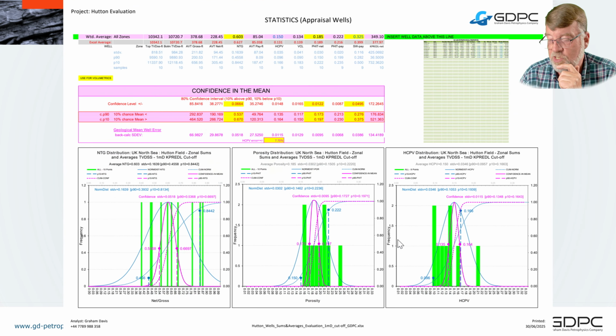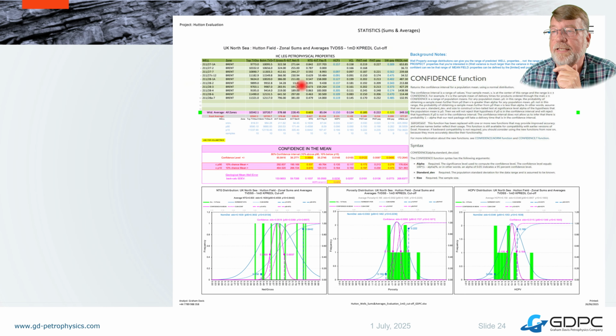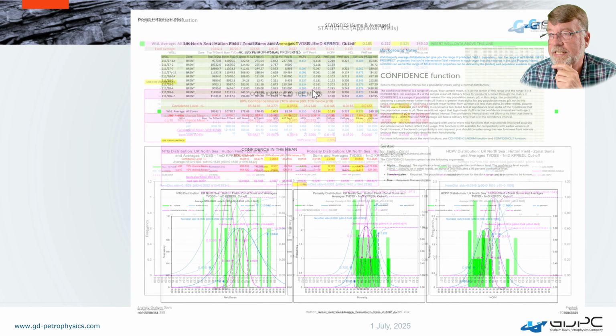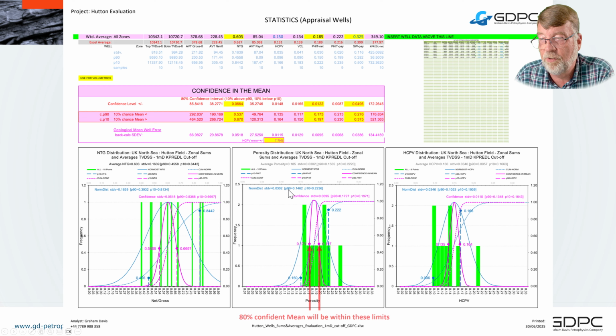So if I zoom in, I'm going to take these 10 data sets down here. So this is the first 10 wells, the appraisal wells, and so therefore by definition I'm 80% confident that the mean of this population is going to be within this range.